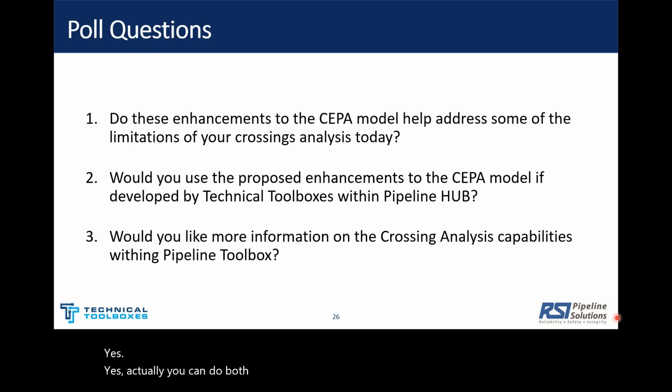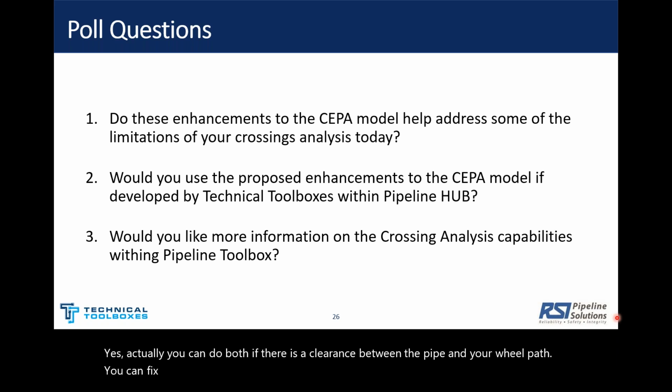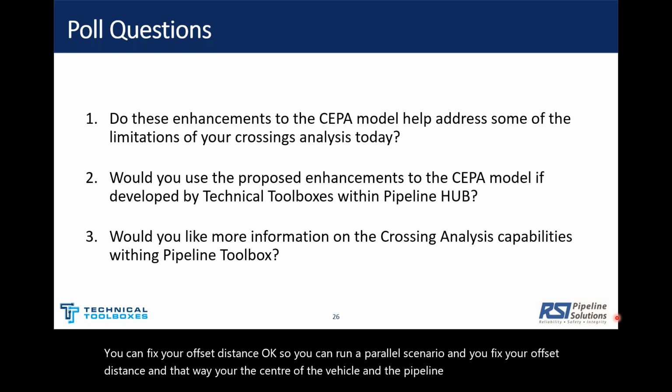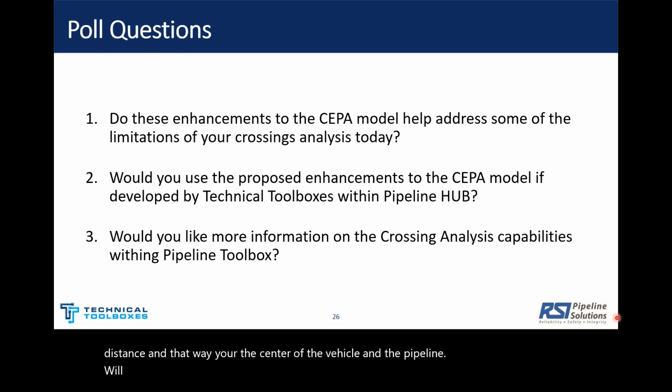If there is a clearance between the pipe and your wheel path, you can fix your offset distance. So you can run a parallel scenario and fix your offset distance, and that way the center of the vehicle and the pipeline will actually have that minimum offset that you have introduced, right?